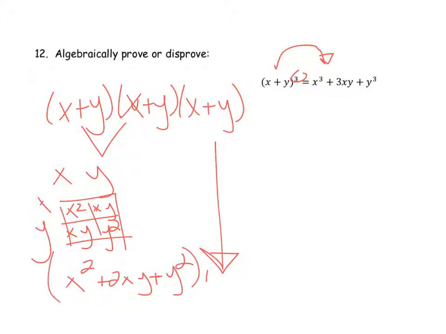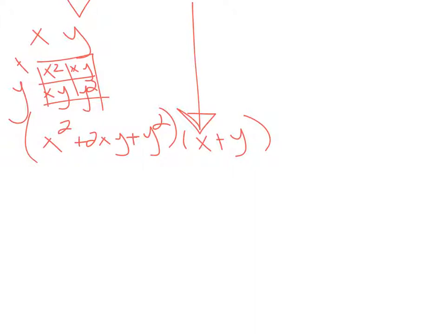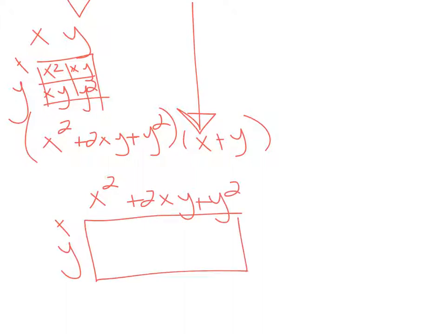And then we're going to multiply by x plus y. So I'm going to do another box method. I'll put the smaller one here and then the other one up here. Okay, so now I'm going to get x to the third, 2x squared y, and then xy squared.